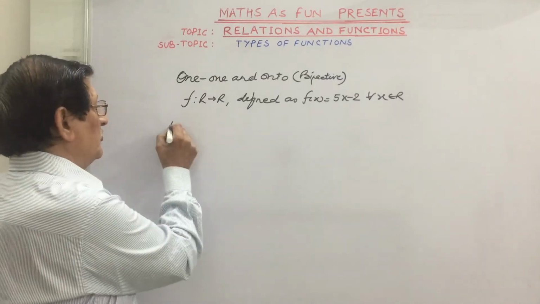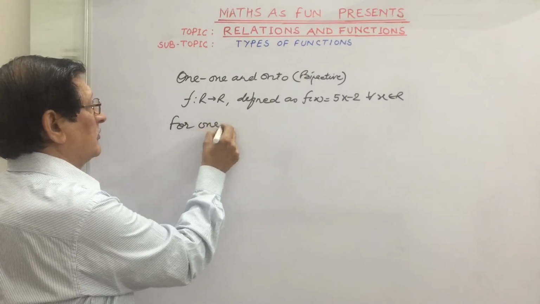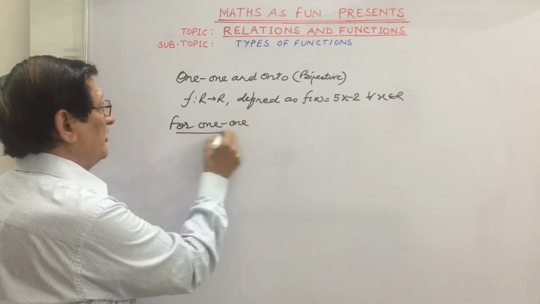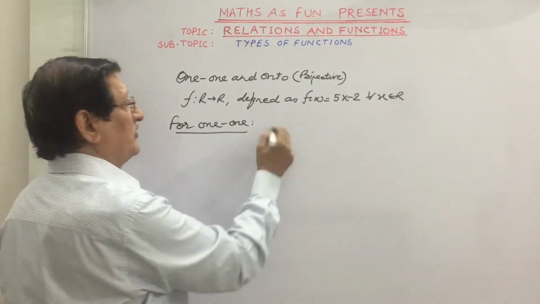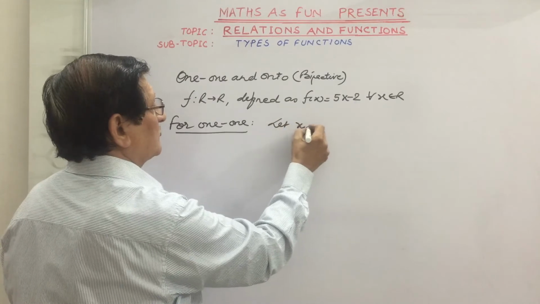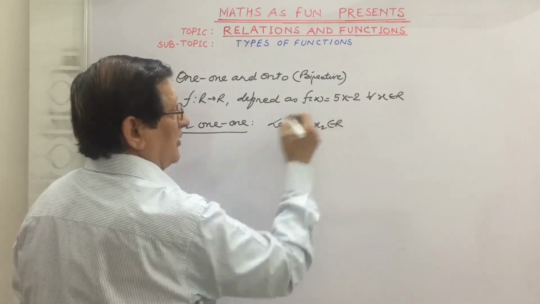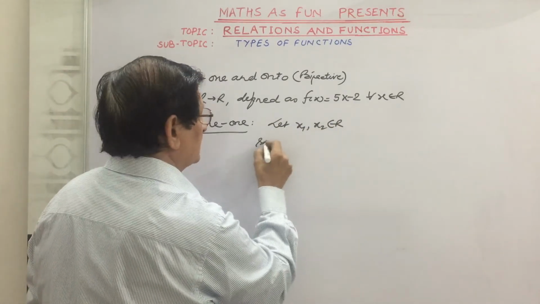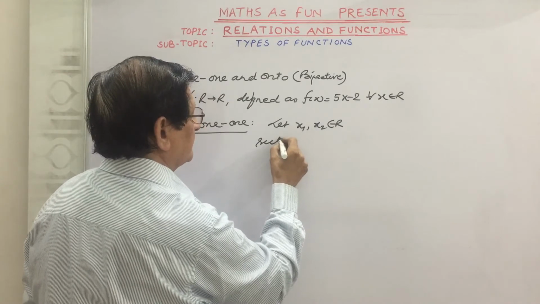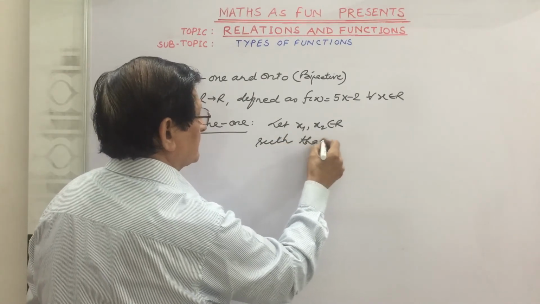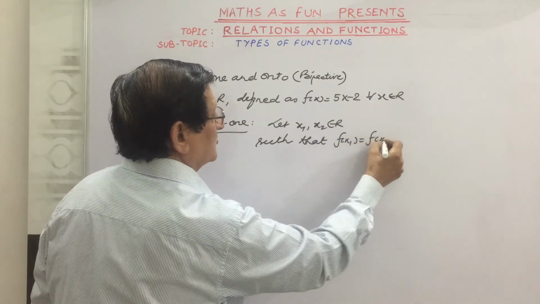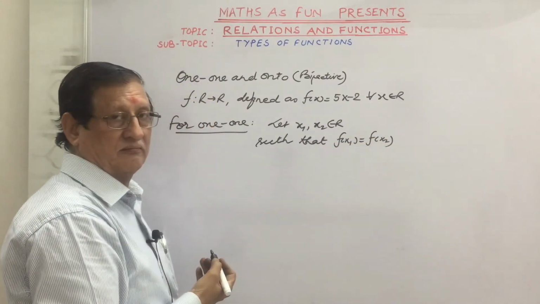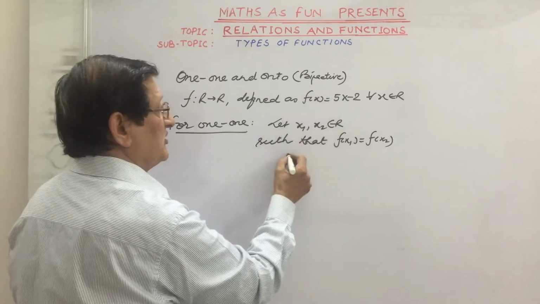So what we do for one-one, we know that we have to take any two elements in the domain. So we write, let x1, x2 belong to R such that f(x1) is equal to f(x2), that their images are same. We know what are their images.